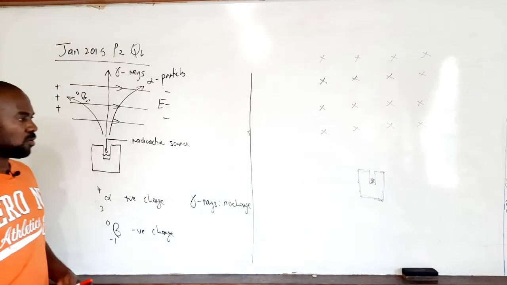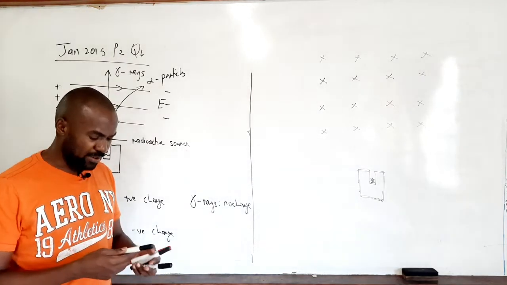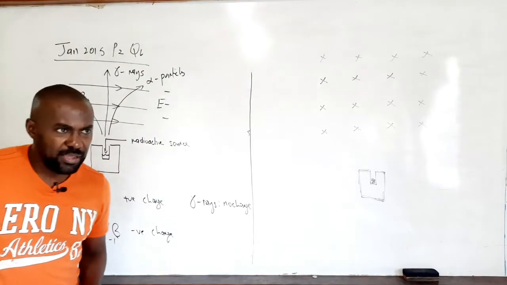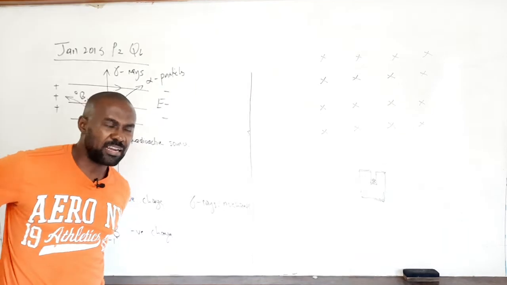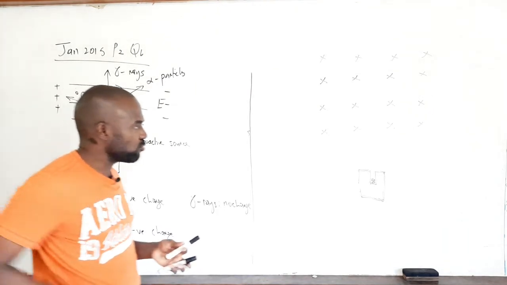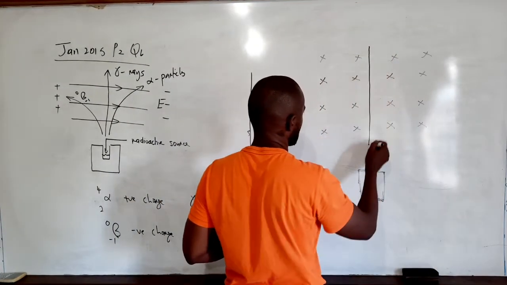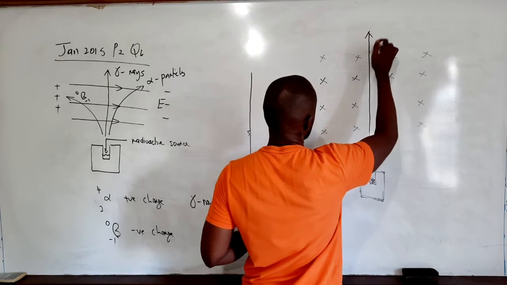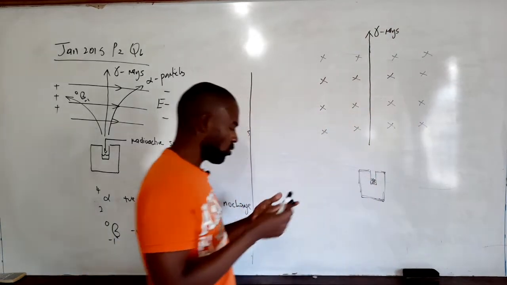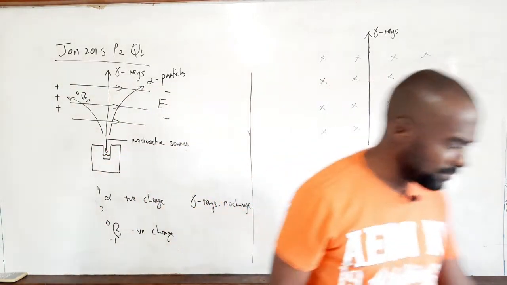So once again, gamma rays have no charge, and having no charge, it means that they will not be deflected by a magnetic field or an electric field. So the gamma rays go straight through the magnetic field undeviated.